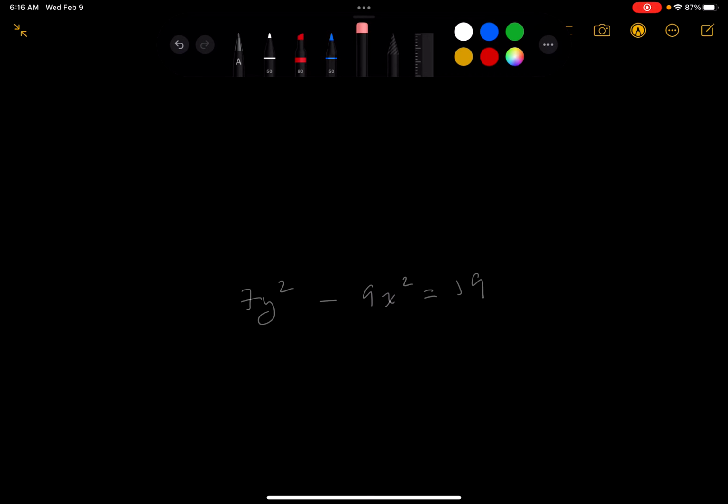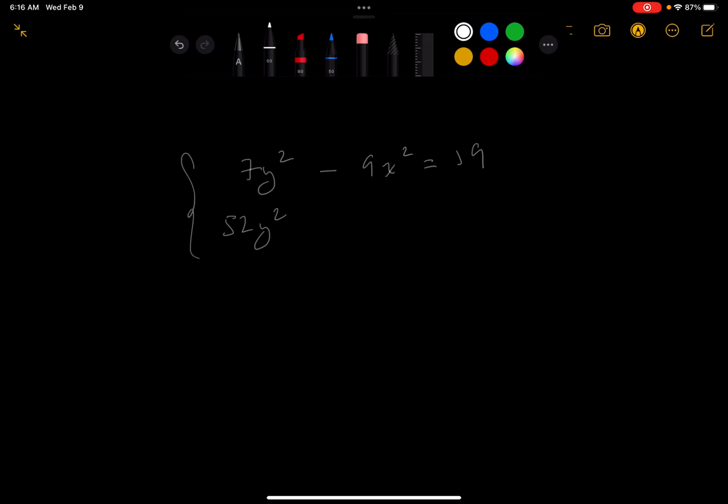That's the first equation. And now let's write the second equation down. The second equation is 52y squared plus 17x squared is equal to 225.